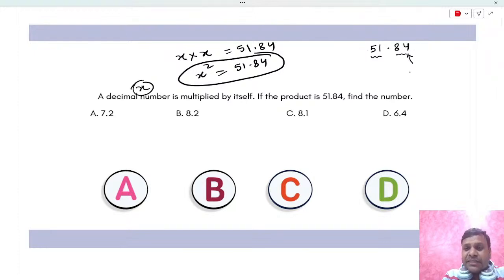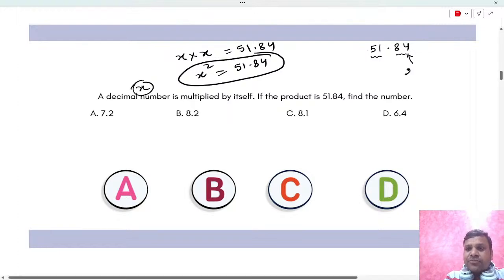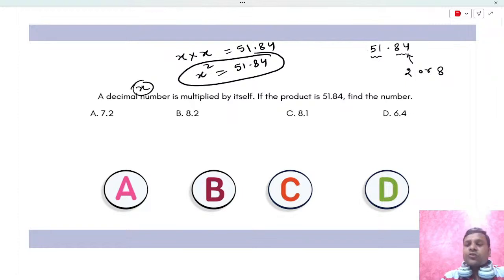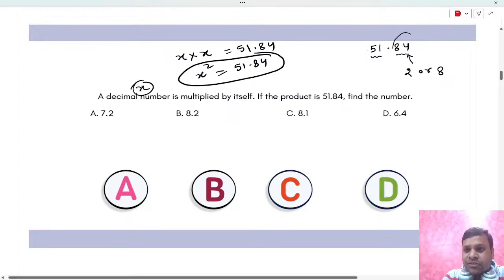So the square root should end in either 2 or 8, because the square of 2 is 4 and the square of 8 is 64. So the first pair tells us that the unit digit is either 2 or 8.